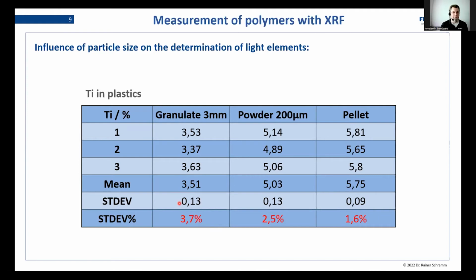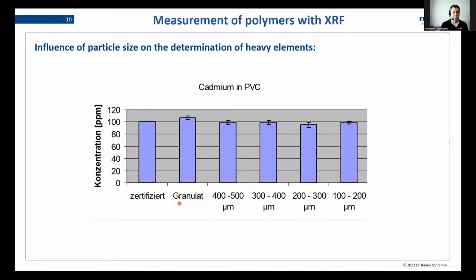basically air in between. There is another example here, which is cadmium in PVC, polyvinyl chloride. In this case, cadmium being a heavier element, we do not really see that effect. What we did here is we compared our certified value with measurements taken on a granulate, the sample as is, and then with different preparations in finer form.